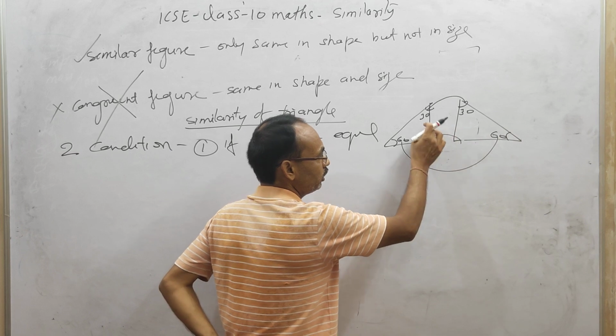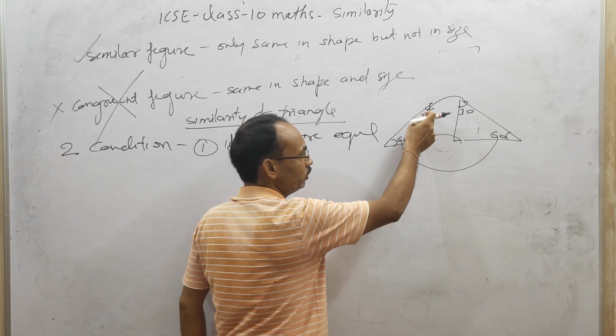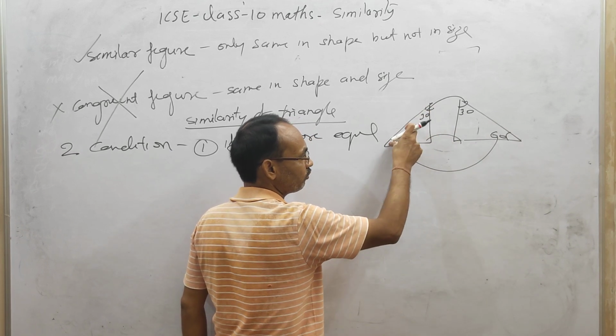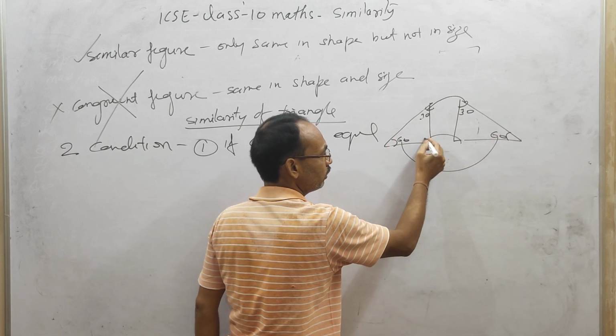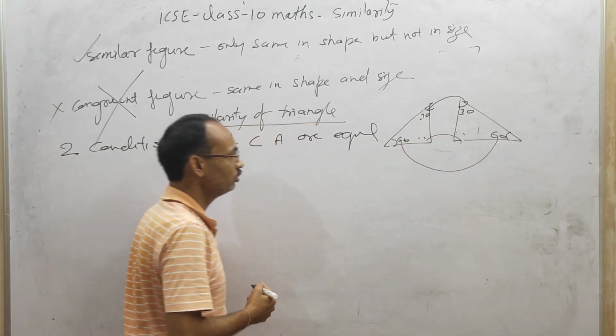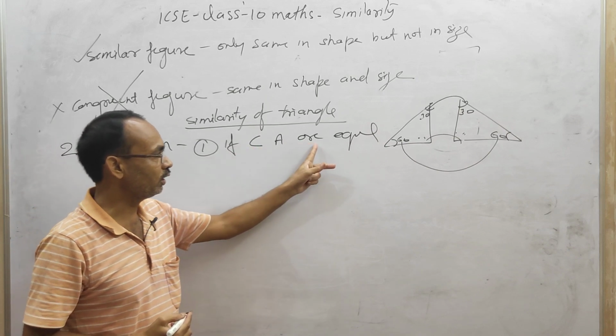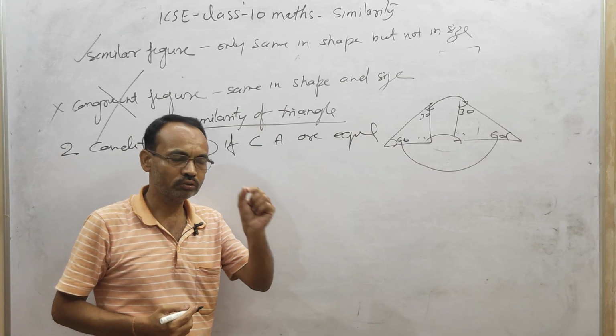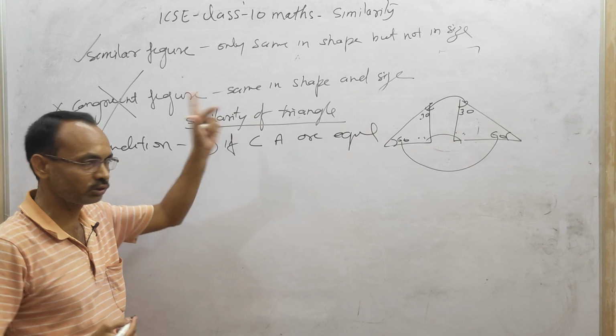It will be automatically equal because the total is 180 and after subtracting the same values, the result is also the same. So corresponding angles are equal in similar triangles. This is the first condition.